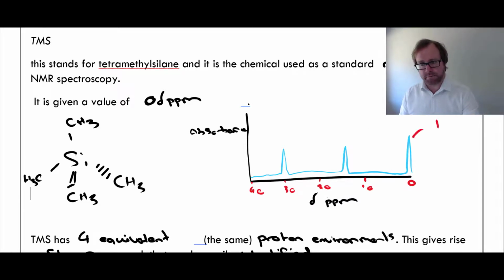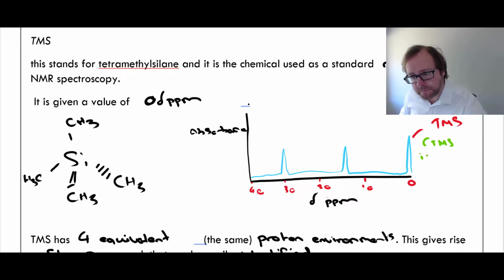The TMS peak has a very sharp, distinctive peak, and it's given the value 0. More often than not, though, the TMS is removed from a spectrum, so you don't get confused. So you may not even see this peak.